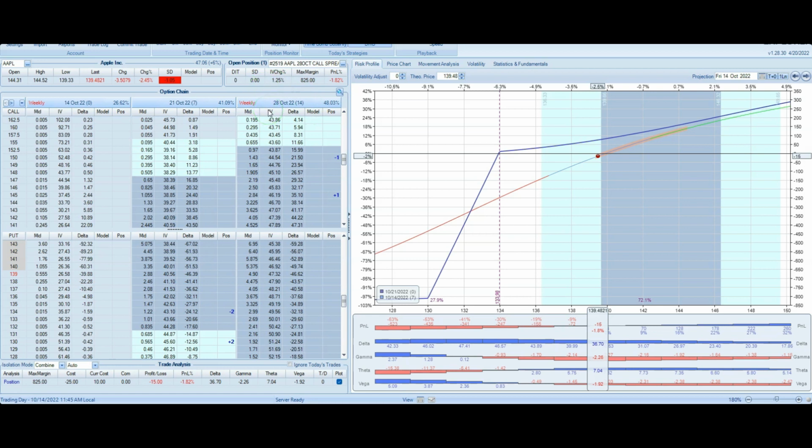Earnings were out last week on Thursday. And to finance the debit spread, we were looking to sell two of the out-of-the-money put credit spreads. And the put credit spreads were about fully financing the purchase of the call debit spread.